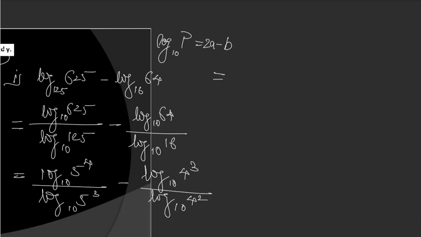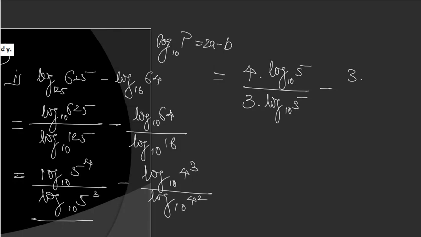So this will become 4 into log of 5 to the base 10, power law, upon 3 into log of 5 to the base 10, minus 3 into log of 4 to the base 10 upon 2 into log of 4 to the base 10, right?